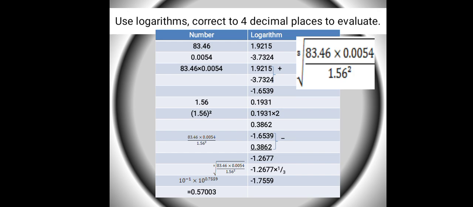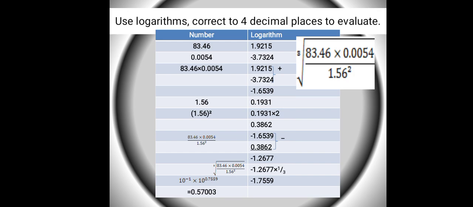The logarithm of 0.0054 is 3.7324. Now add the logarithms of the numerator. We get 1.6539.